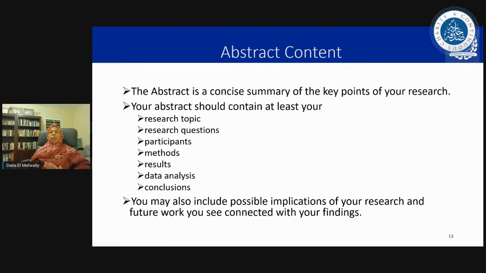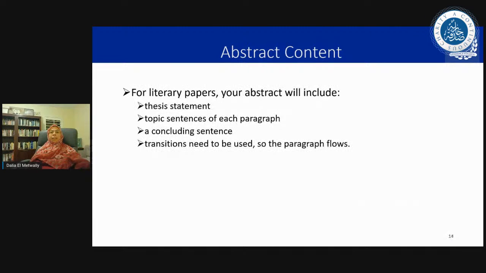So practically, we're going to look at the research paper and see where's the research topic? What is the research question? Who are the participants? What are the methods, results, data analysis, conclusion? All those big words can actually be simplified in this slide. What I tell my students at college is it's so easy.